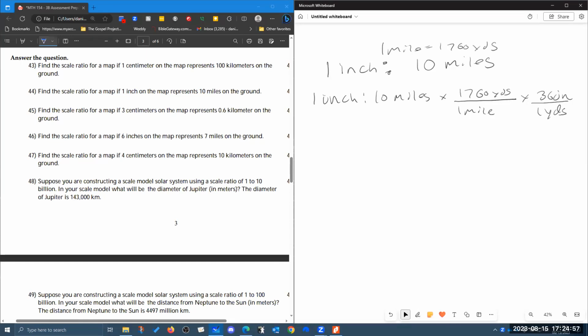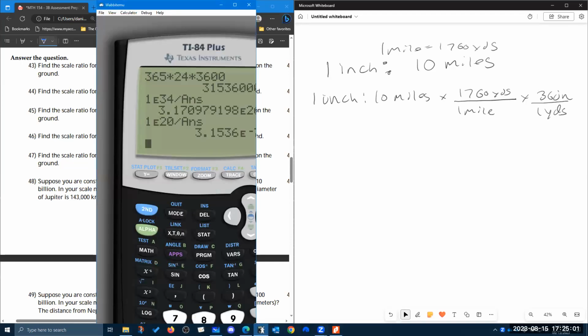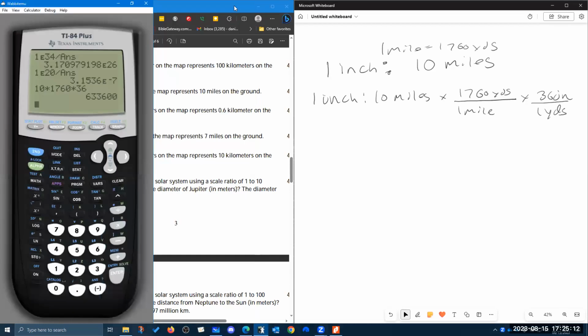So let's figure that out on the right-hand side. 10 times 1760 times 36 is going to be 633,600 inches. So 1 inch on the map is 633,600 inches.